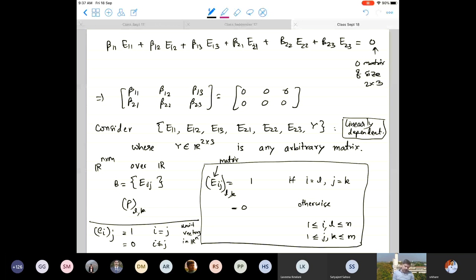The indices 1 less than or equal to i, j less than or equal to n. That's what we had done, right? So this is how we defined unit vectors in Rn. The same way I am defining something which is called unit matrices or canonical matrices in R n cross m.